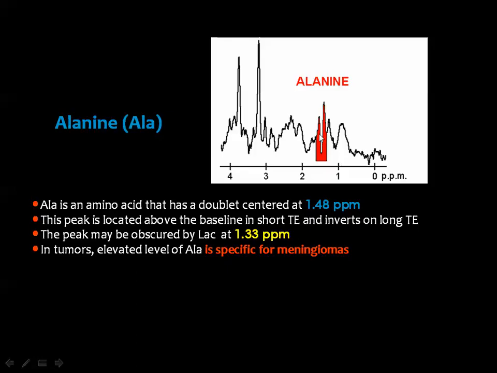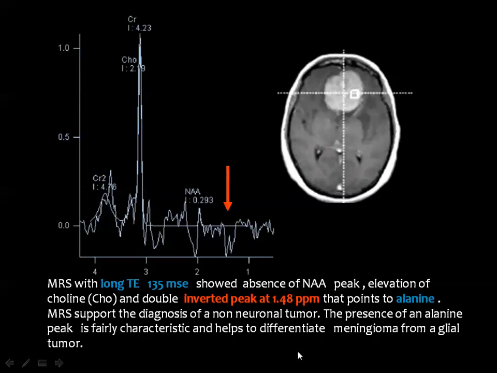This peak also has double apices and is inverted with the long TE spectrum, and the alanine is very specific for meningiomas. And this is an example of a subfrontal meningioma showing homogeneous enhancement. Then you have a long TE spectrum at 135 milliseconds, and you see that the doublet peak of alanine has been inverted below the line.